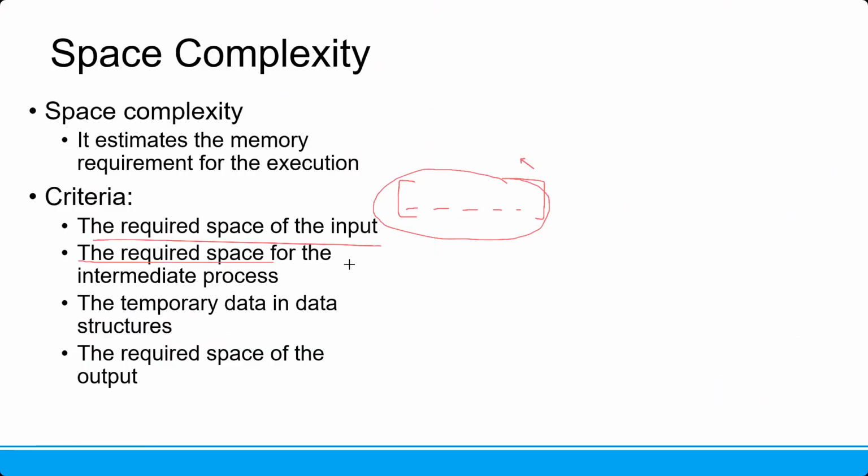The required space for the intermediate process, so how much space you need to do the algorithm. And the temporary data in the data structures. And the required space of the output. So we usually determine this on this one.